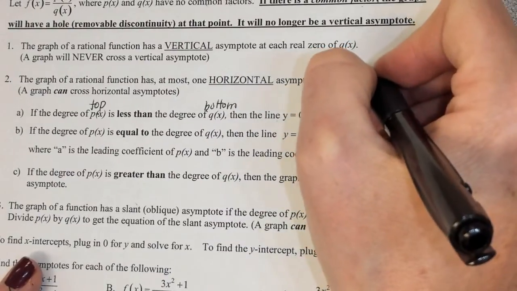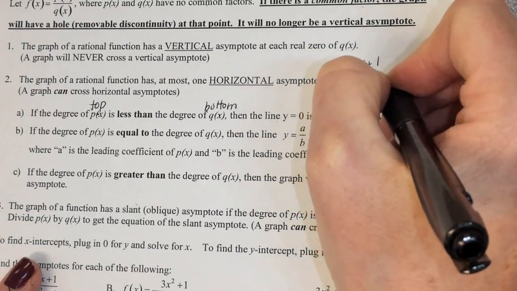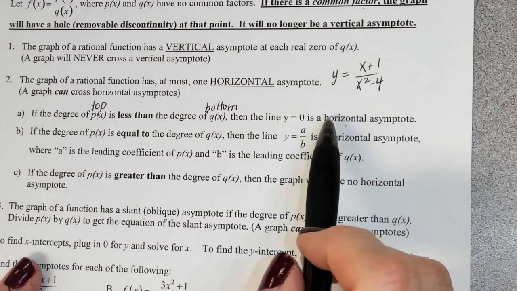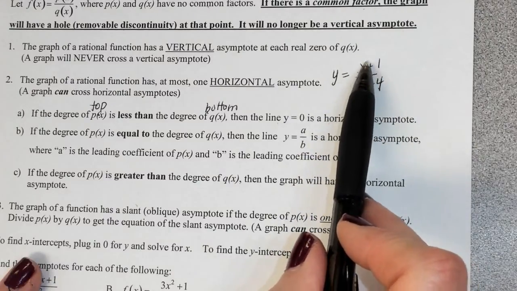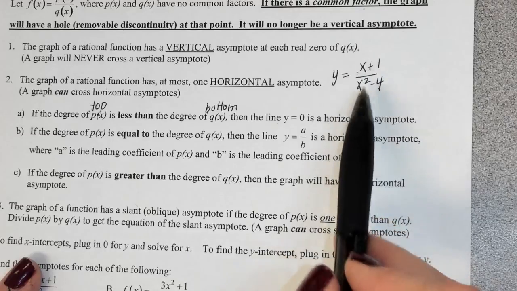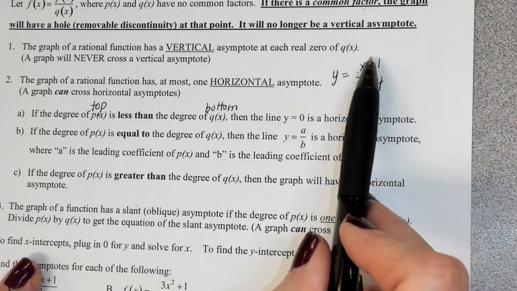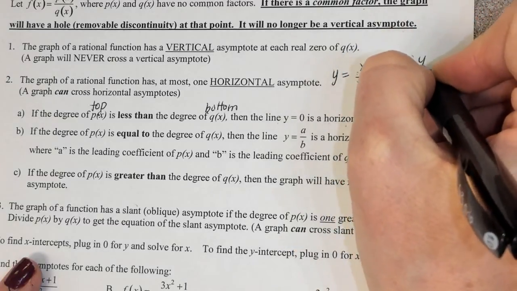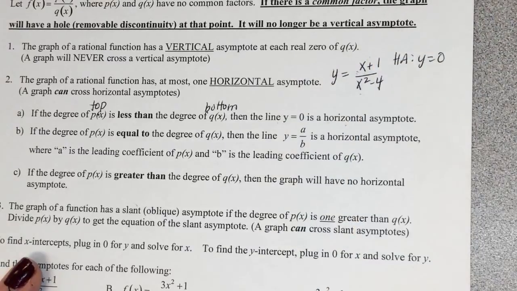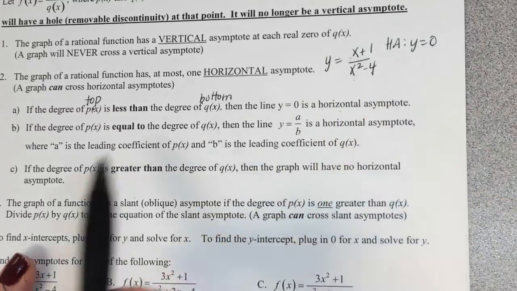I'm going to make the top power less than the bottom power. See what I've got there? This degree is what? X to the first, the degree is just 1. What's the degree here? 2. So 1 is less than 2, so this would have a horizontal asymptote of y equals 0. That's a new concept too. Degree on the bottom's higher, y equals 0.